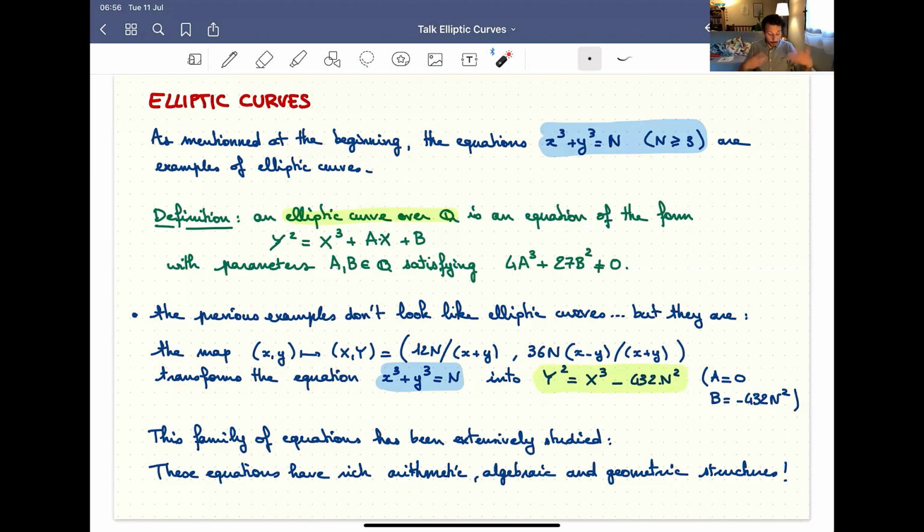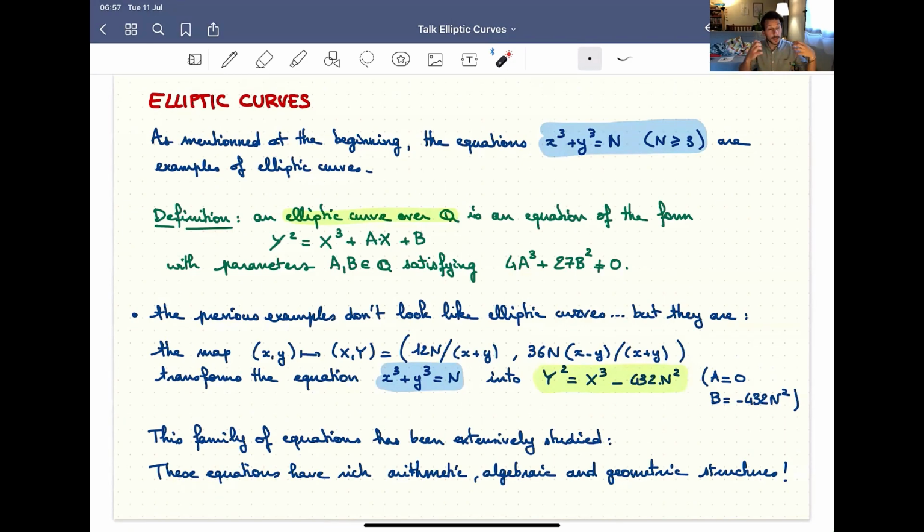And the point, as I've tried to explain today, and this is something that actually generalizes, is that this is not just an equation with solutions that come at random. There's a lot of structure for those elliptic curves. There are things you can say from the arithmetic point of view. There's an algebraic point of view: you can add points on elliptic curves, you can add solutions.